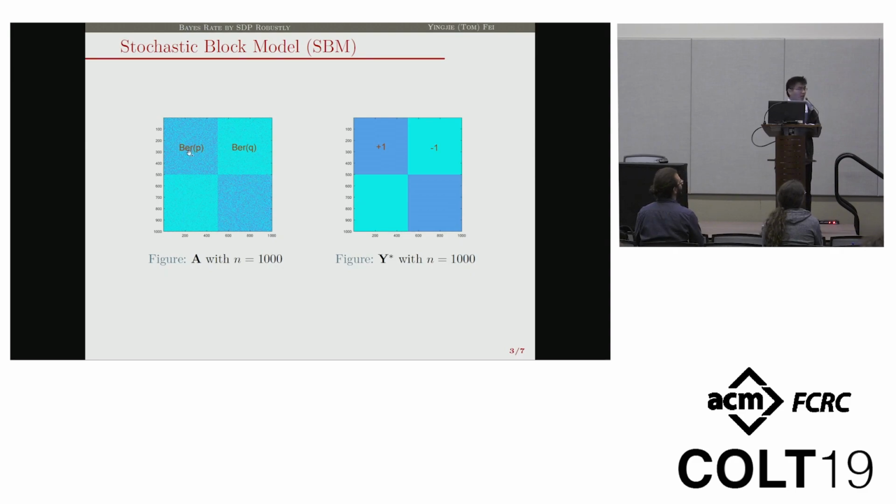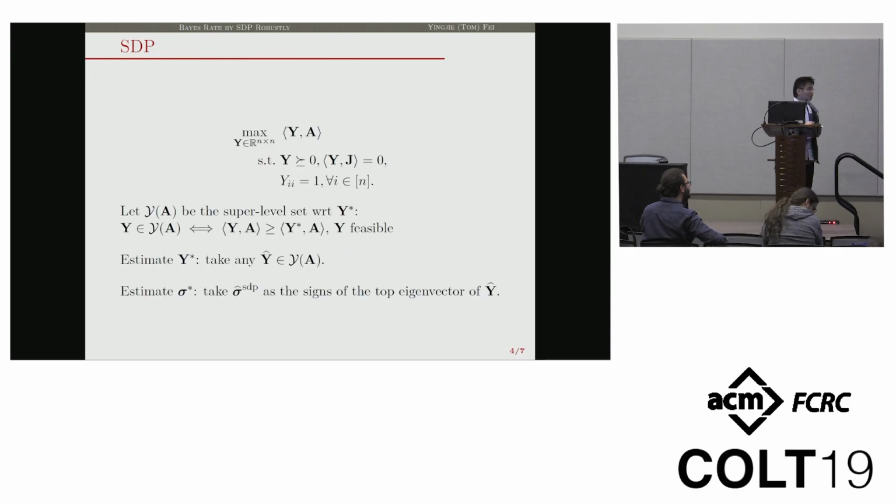So even within the same cluster, it is possible that some edges are not present, while across different clusters, there might still be some edges. The right plot here is Y star, sigma star times its transpose, the matrix that we wish to recover. The positive one is the blue area, and the negative one is the area with lighter colors.